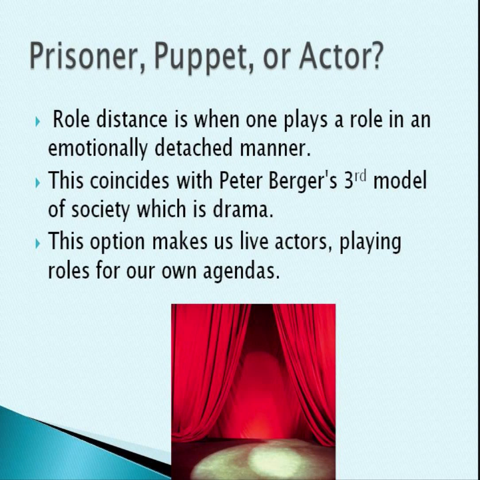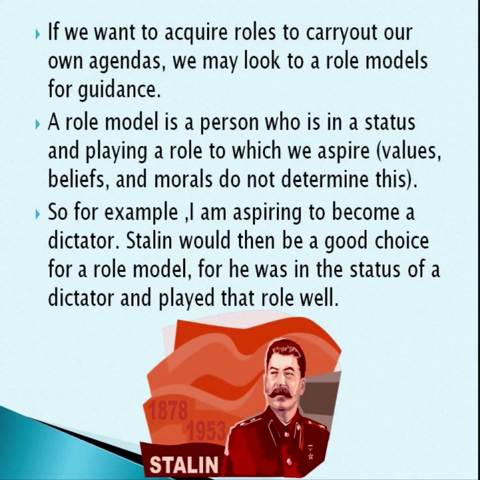Role distance is when one plays a role in an emotionally detached manner. This coincides with Peter Berger's third model of society, which is drama. This option makes us live actors playing roles for our own agendas.